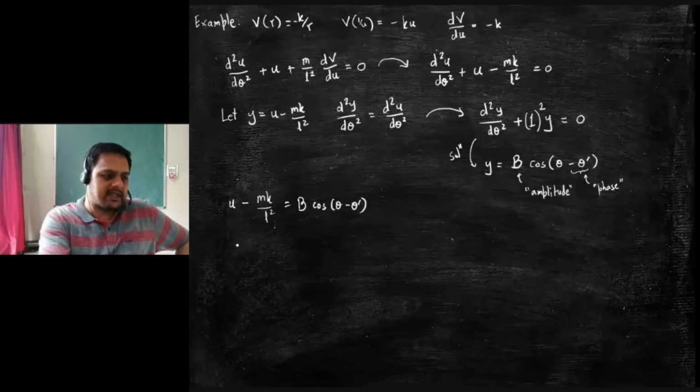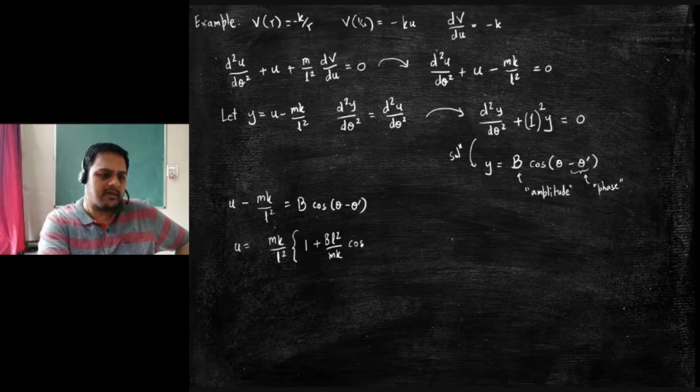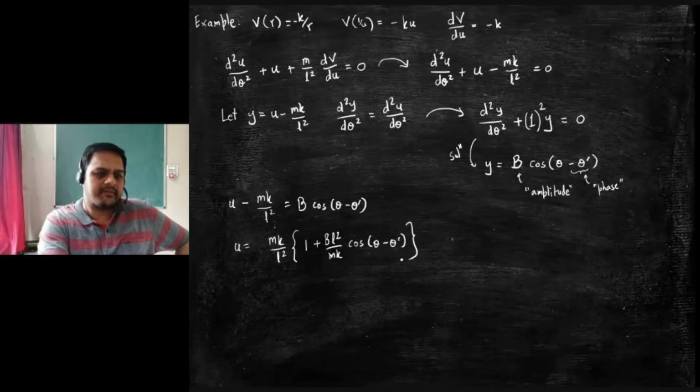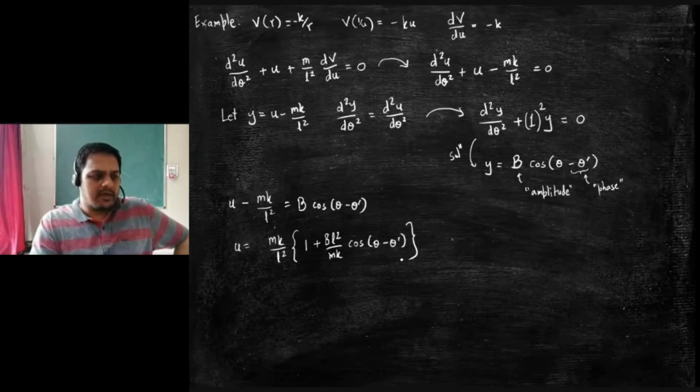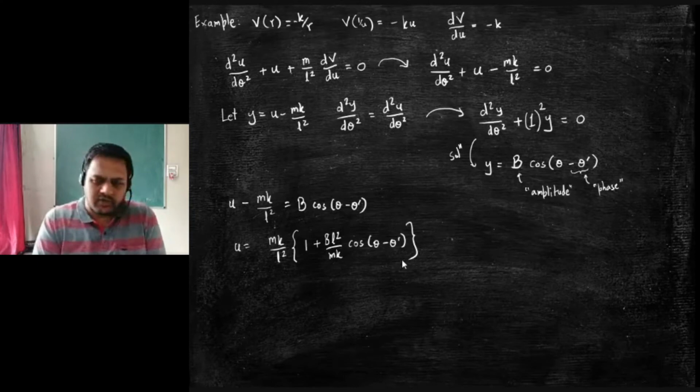You can write this in another way. You can write it as u is equal to mk by L square, bracket, 1 plus b L square by mk cos of theta minus theta prime. Is this okay? I have just taken mk by L square on the other side and then taken it out common. Is this okay with everyone?